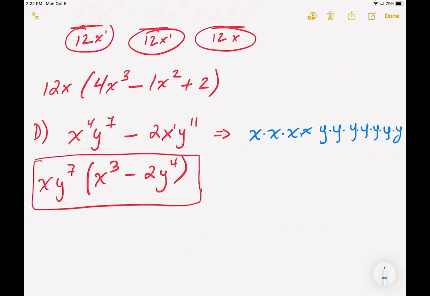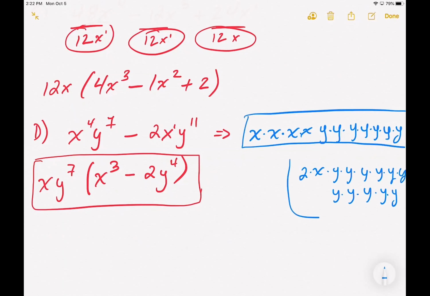And the second item I have is 2 times X, and then Y times Y, 11 of them, right? And basically, in this group, what do they have in common? Well, they have an X in common. That's why you take out 1 X.